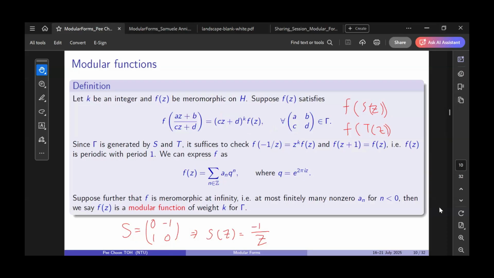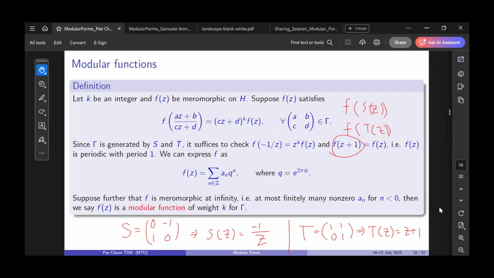f(z). And then for T, since T is 1, 1, 0, 1, which means that Tz is z plus 1 per 1, so z plus 1.